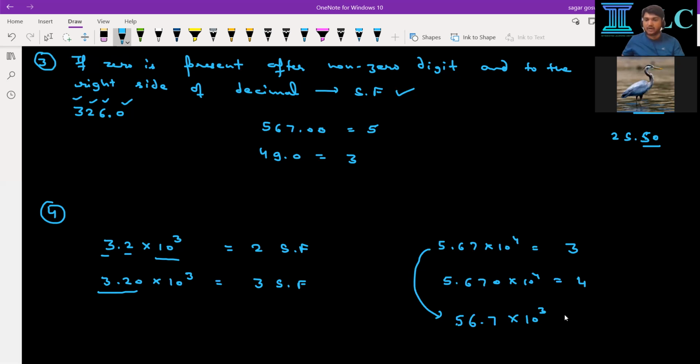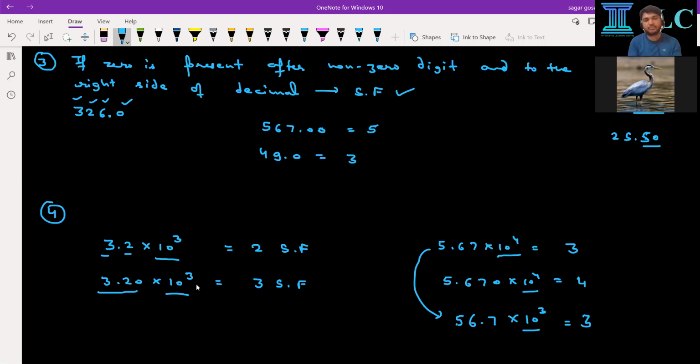Now, when you are changing the power, how many significant figures does it still have? Three only. You don't have to consider the 10 raised to power part, and whatever you see in the front, you have to consider. That's it. Simple.